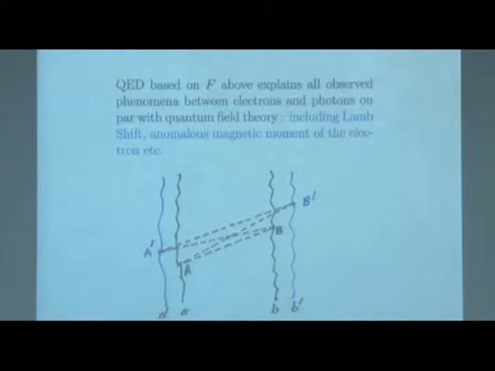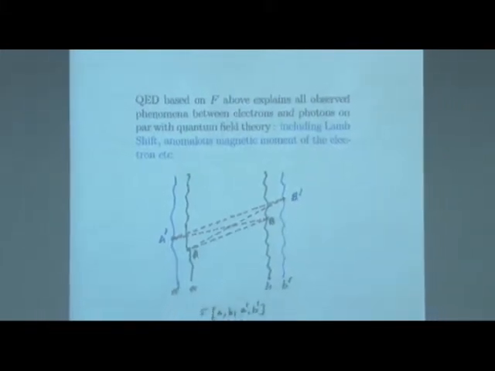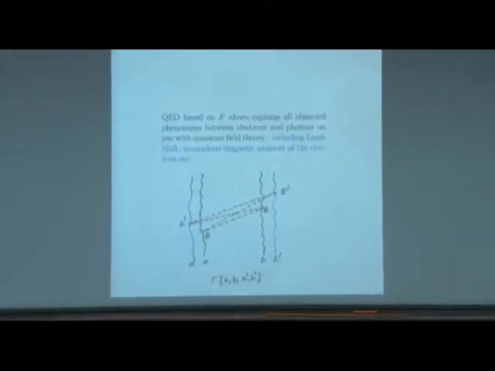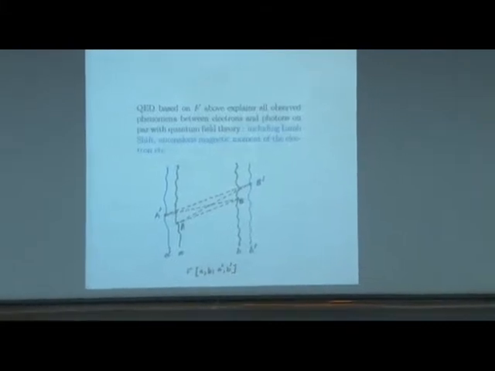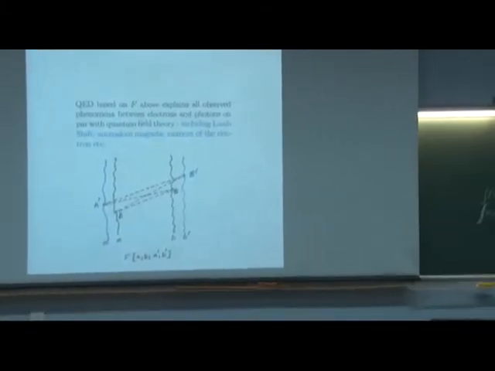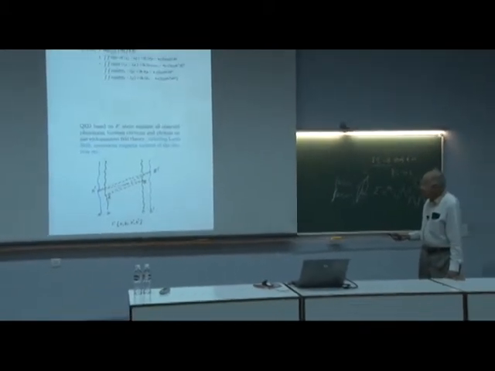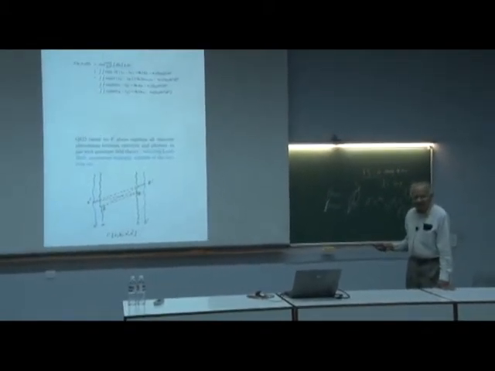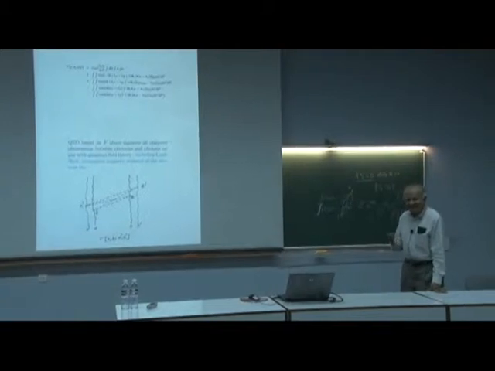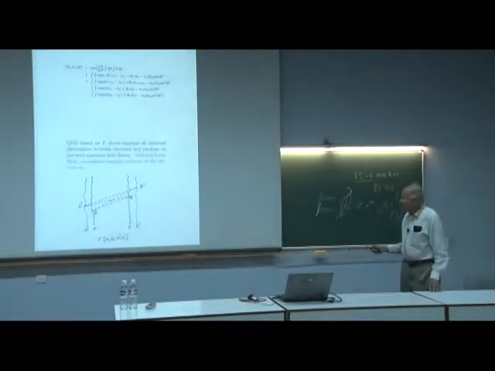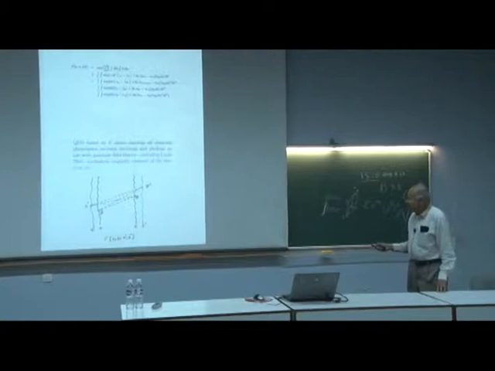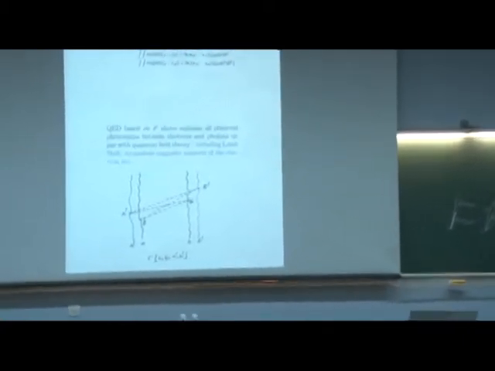So, here you can do this without appealing to field theory, and including, that is why I put here, because people always ask what about Lamb shift, because Lamb shift is something which really brings in the field characteristics. So, including Lamb shift and anomalous magnetic moment of the electron.